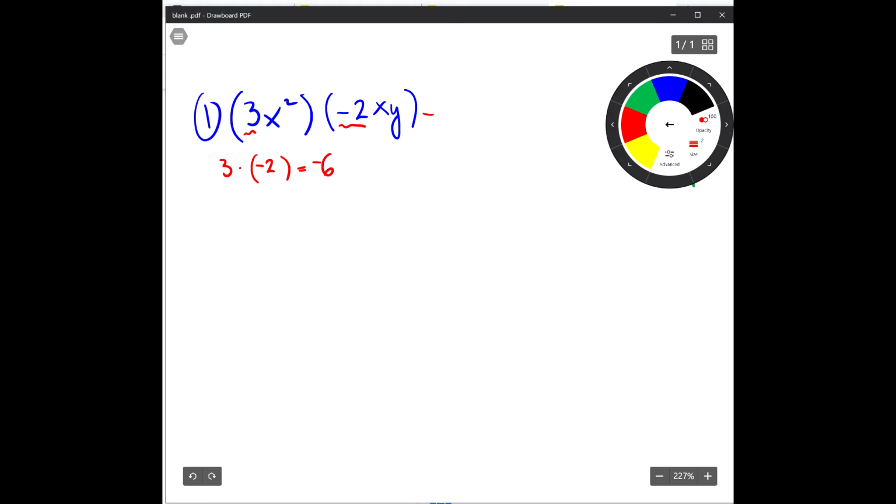So I bring negative 6 back here later. And then next we handle the x variable. And there's no number right here. We have 1. So then it means x squared times x to the first power. And that means x raised to the 2 plus 1, and we get x to the third.